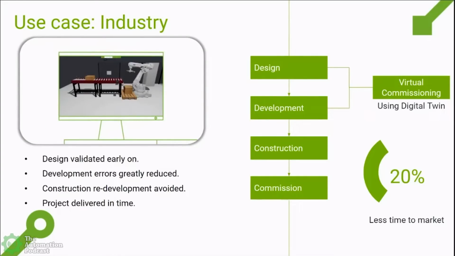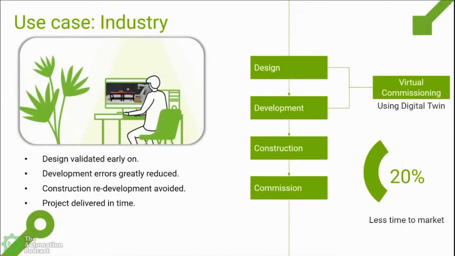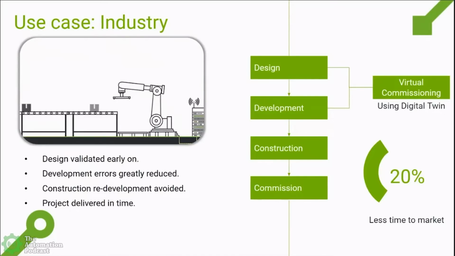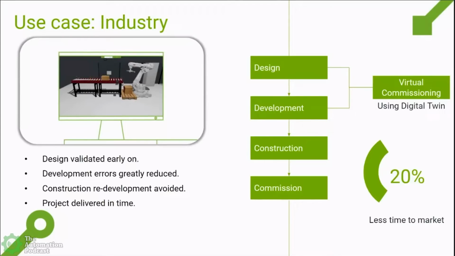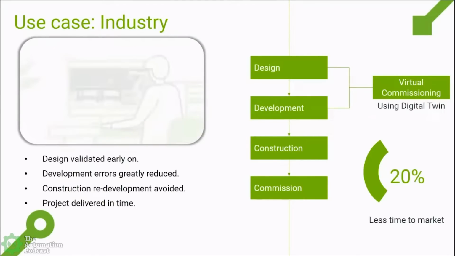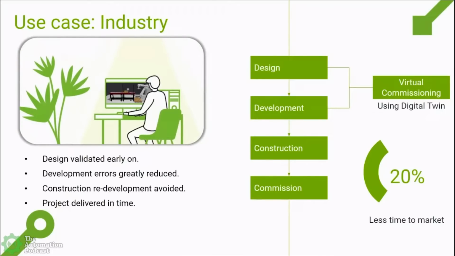And you can use the model to validate the design, to support the development of robot programs, PLC programs, and so on. Give that tool to the programmers, and then use the time you have while the system is being constructed or built to do the virtual commissioning and reduce drastically the real commissioning time.